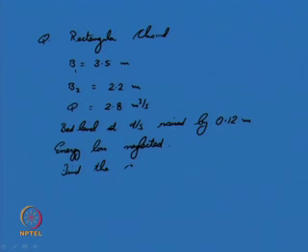Now, find the depth of water at the downstream location. Can you do this problem? Let us see how this example is working out. As you know, the channel bed is of this type.